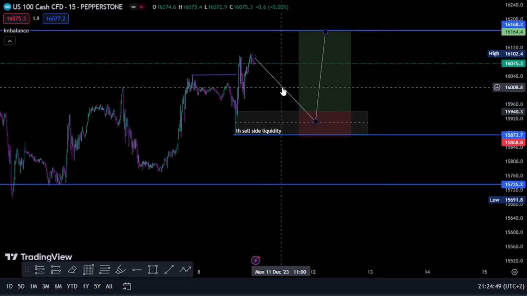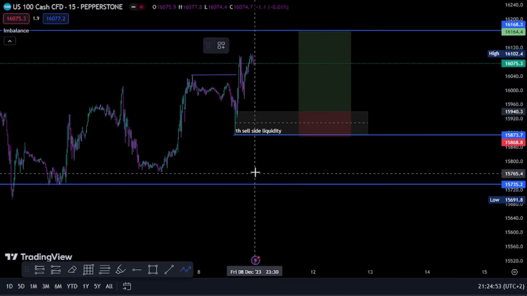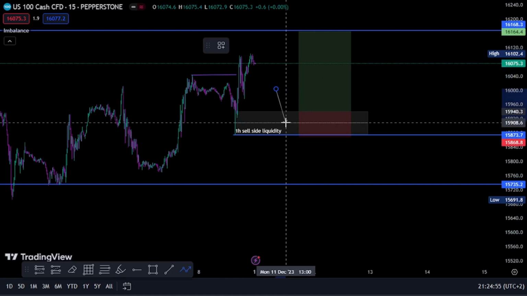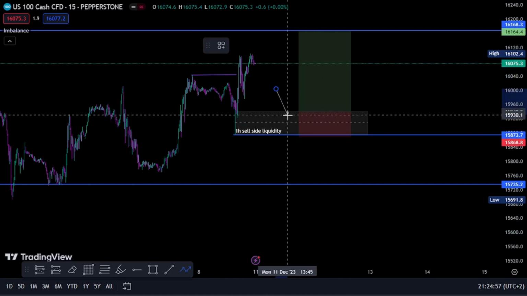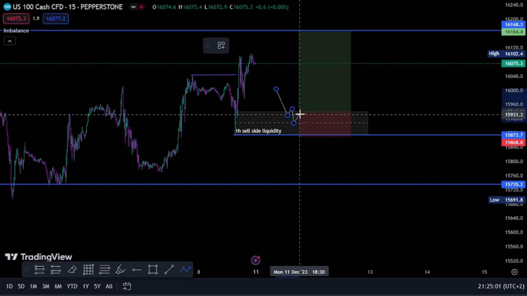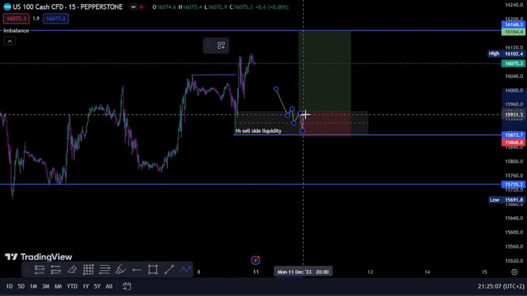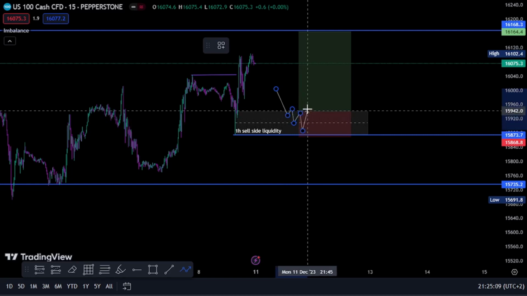But in order for me to enter this trade, I need a confirmation on a 5 minutes time frame, whereby the market will move like this, creating lower lows, lower highs, lower lows, moving into this order block, and then it has to break this 5 minute high.